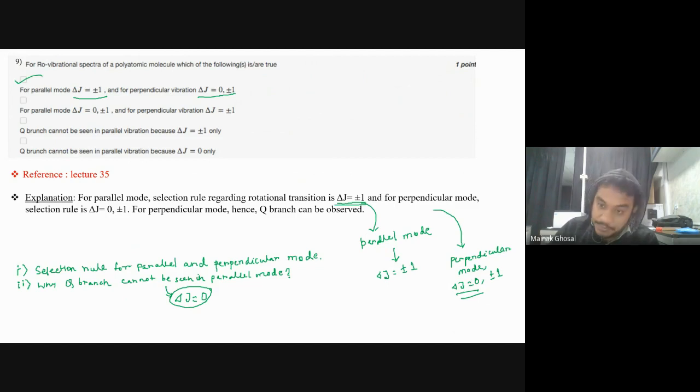So the Q branch can be seen only in perpendicular mode.